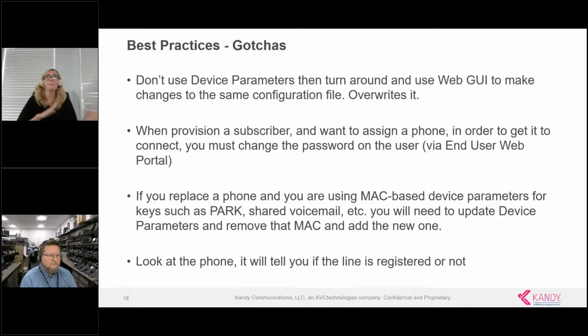If you fail to come back to device parameters and take that MAC out and put the new MAC in, their busy lamp keys or the single button call park and retrieve keys are going to be set incorrectly, and they're not going to come up right. So when you do that by MAC, you're going to have to kind of double provision. You'll provision the user over here, change the device out, but then you'll have to go, especially if you're running by MAC, and change that to remove the old MAC and put the new MAC in.